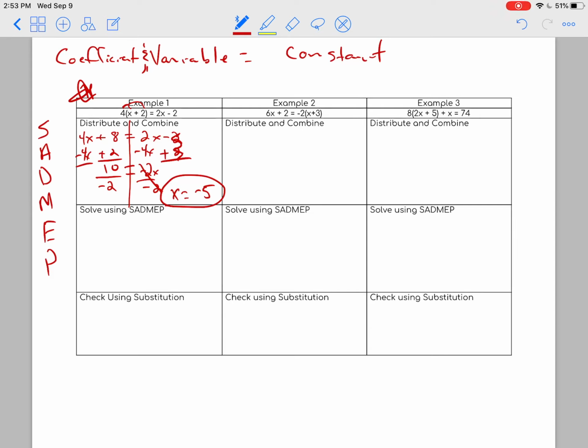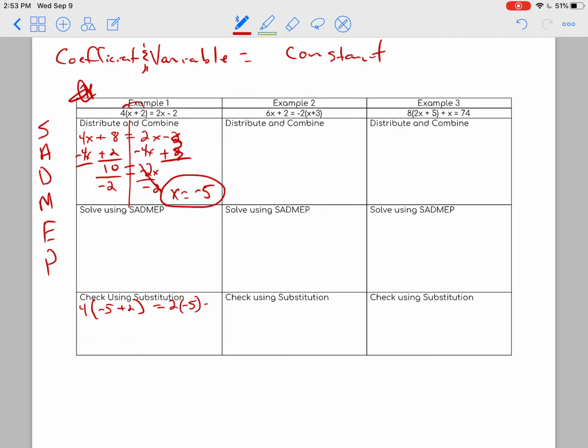If I substitute that back in, 4 times negative 5 plus 2 equals 2x minus 2. Oh, that should be a negative 5.